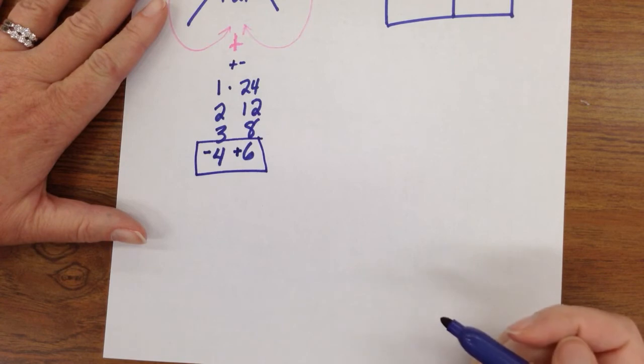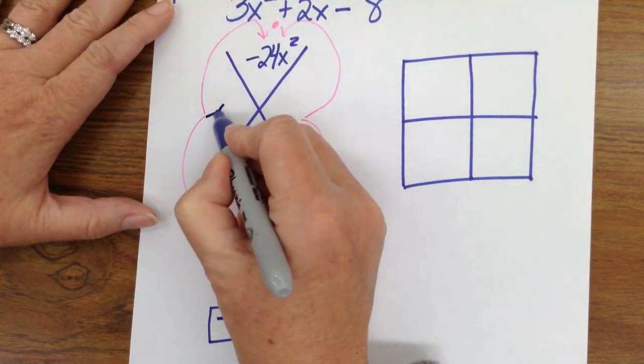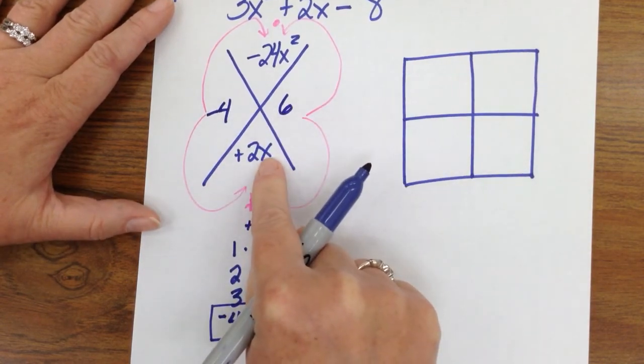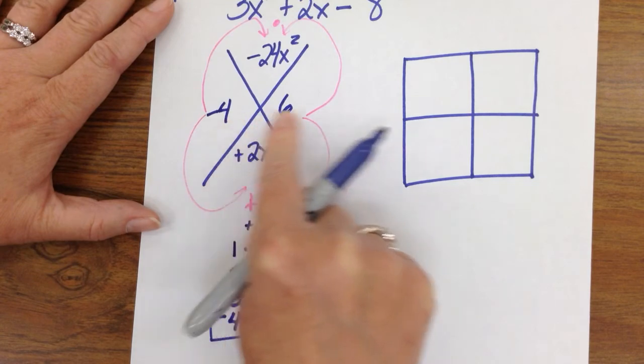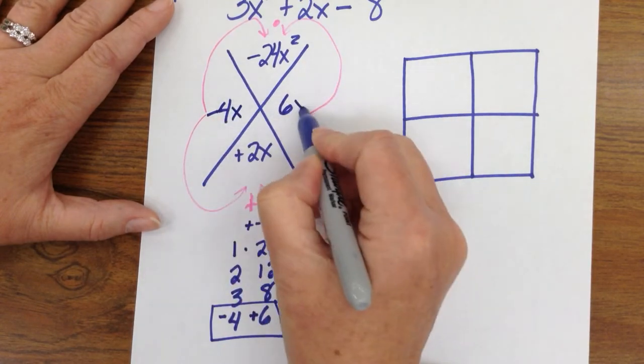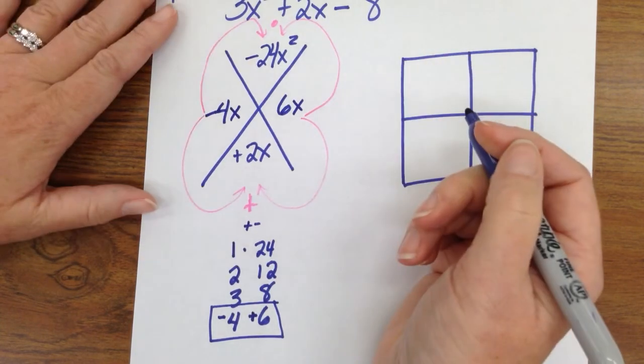Winner, winner, chicken dinner. So I'm going to take negative 4 and 6 and put them here. Now wait for it. If I want them to add to a 2x, they would each need to have an x, and if I multiply, an x times another x is x squared. Okay, that's the diamond part.